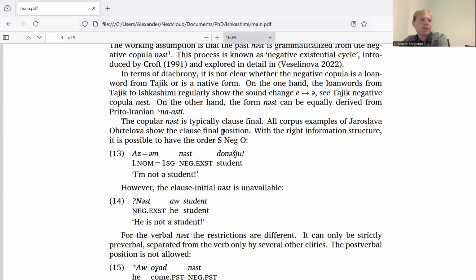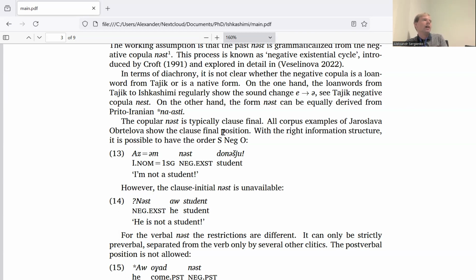We have such cases, yes, in Hindi, where we get nahin as a fusion of negation and the copula, right? And with regards to Ishkashimi, we have a transitory stage B to C. Why? Because we still maintain the proper negative na, but we see the nist creeping into the domain of sentential negation.